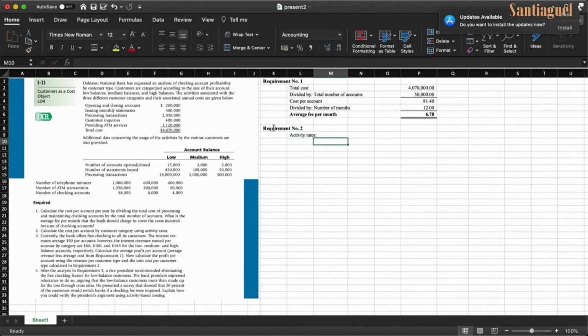For the second requirement, we will first calculate the unit rate of each activity by dividing each activity's annual cost by its total account balance from low, medium, and high.